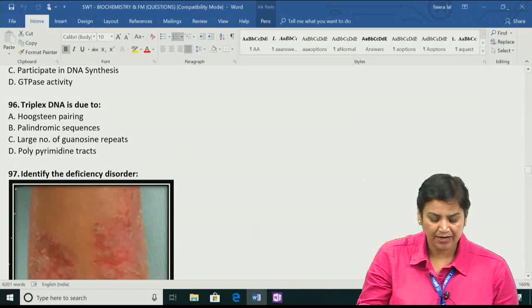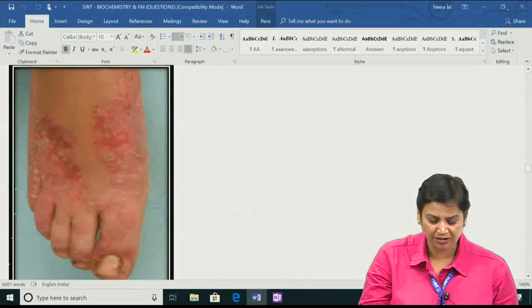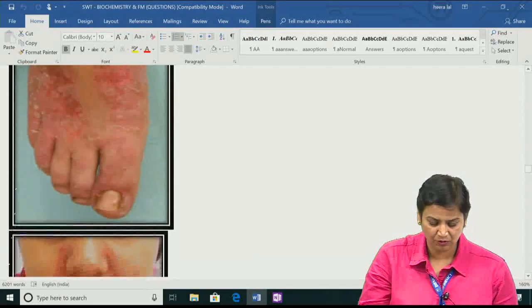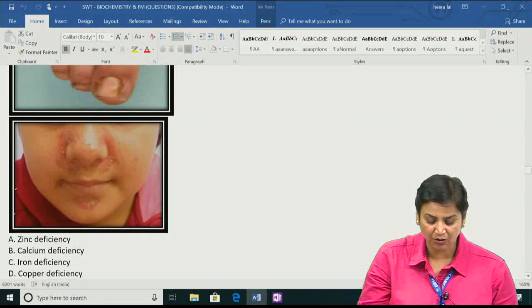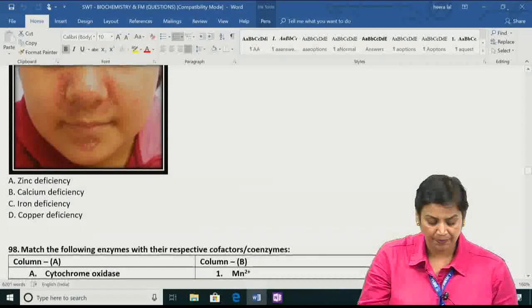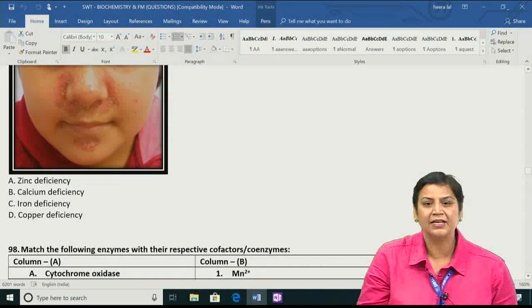Next question, identify the deficiency disorders. Now see both the pictures, there are rashes, pustules, and the rashes are full of erythema. So this is a characteristic feature of zinc deficiency.